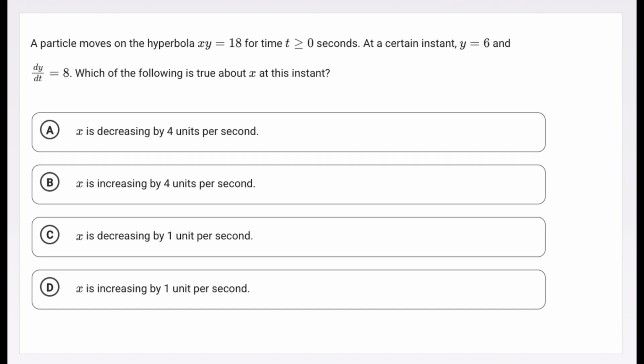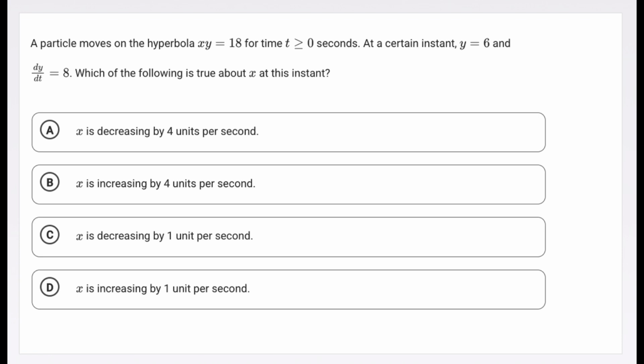So now we have a problem that is a related rates problem, but it's relating the x and the y value of a hyperbola. So a particle moves on the hyperbola, or hyperbola. I think hyperbola is more of the math term. x times y equals 18 for time t greater than 0 seconds.